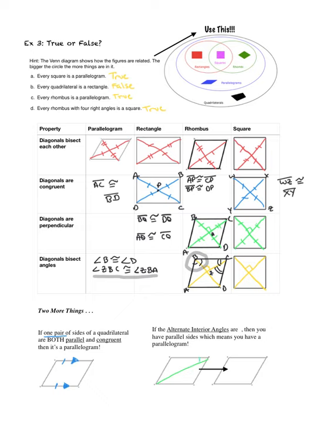And if this angle is congruent to this angle, they're alternate interior angles, and that means it's a parallelogram. Well, let's look at this one. We can draw it in a different color. Let's do the transversal this way, and this angle is congruent to this angle. That is also a parallelogram because the sides are parallel.